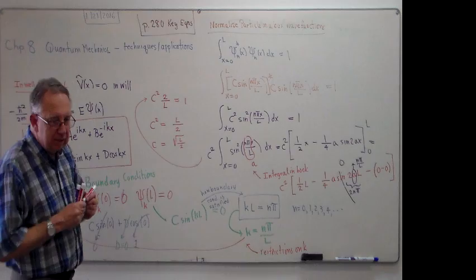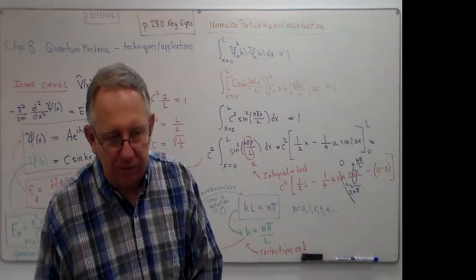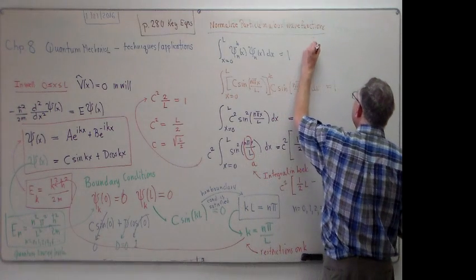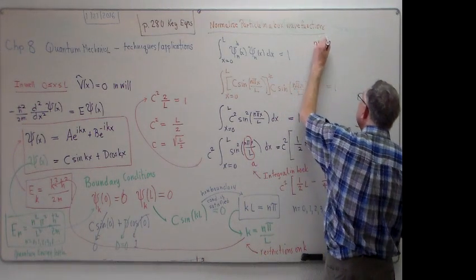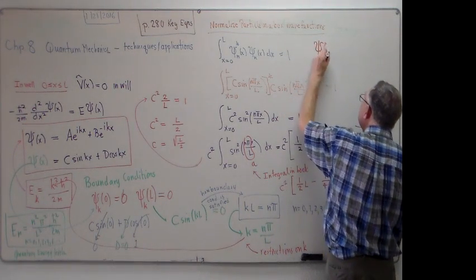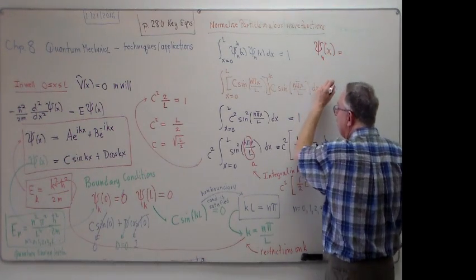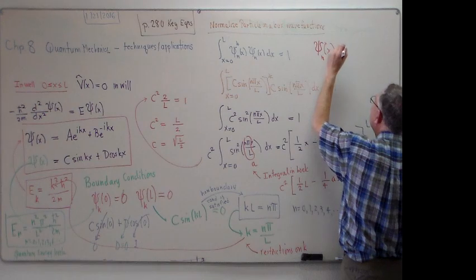That's the normalization constant of the wave function. So the normalized wave function, psi n of x equals the square root.